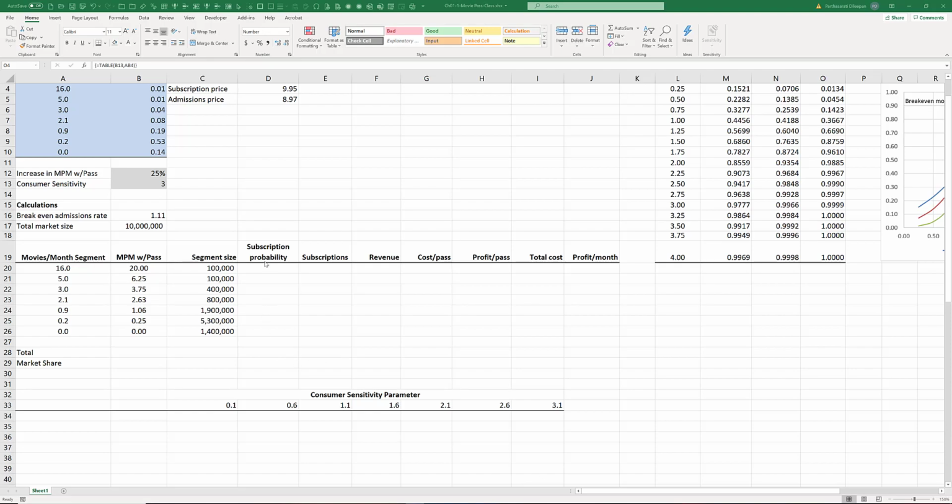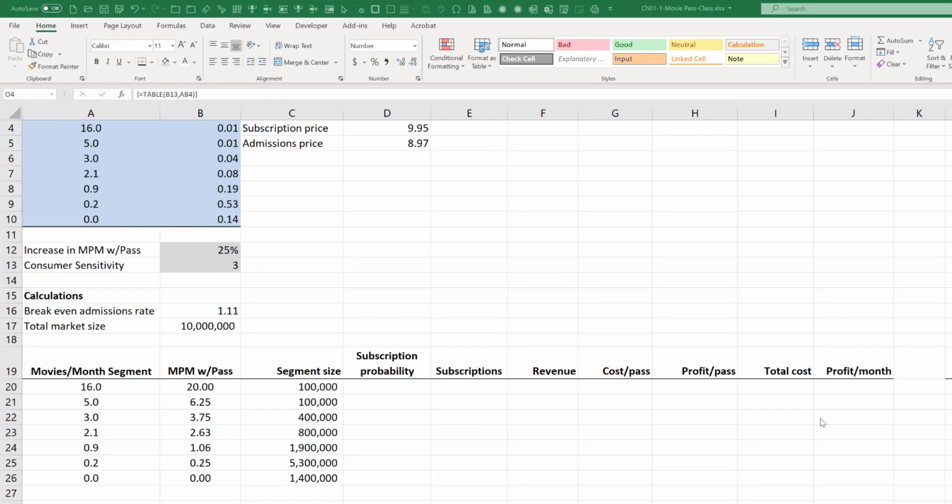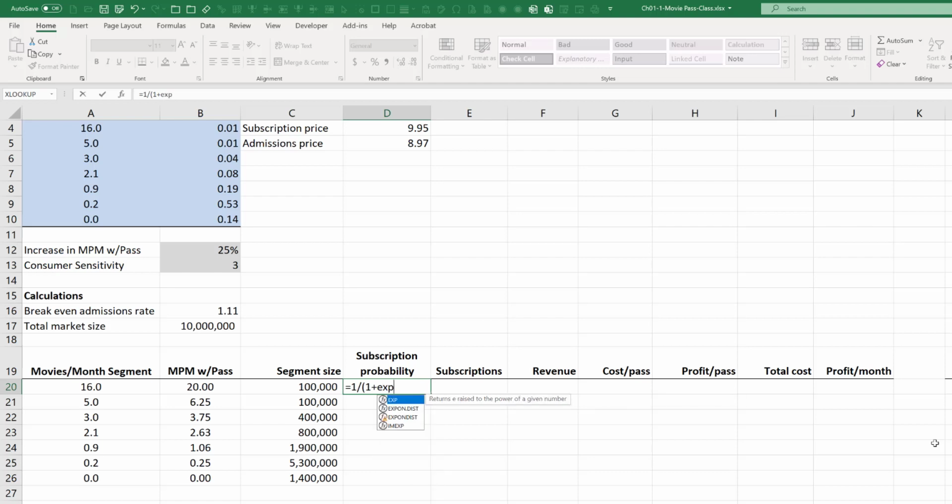Now let's complete the deterministic model. So let's go ahead and set up the subscription probability that we have already discussed at quite a length. So it is 1 over 1 plus exp, and the exp value is negative, right?